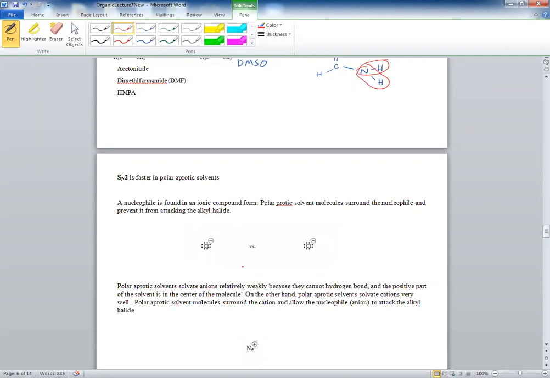So if we use DMSO versus water, and we look at DMSO, I'm going to draw just a few. Right here.